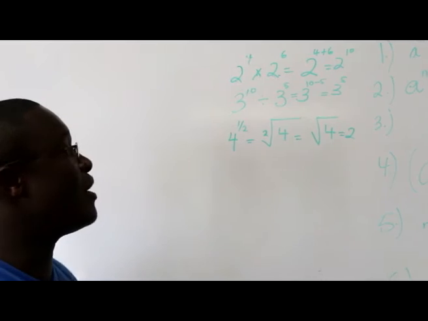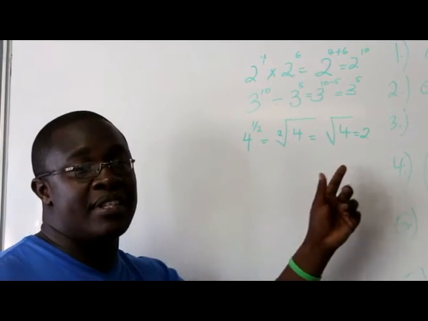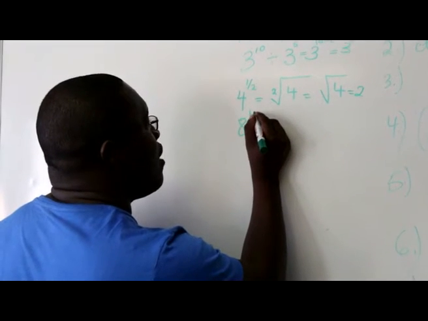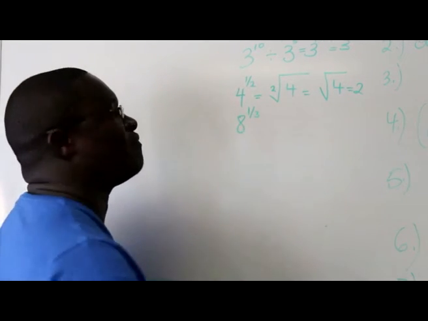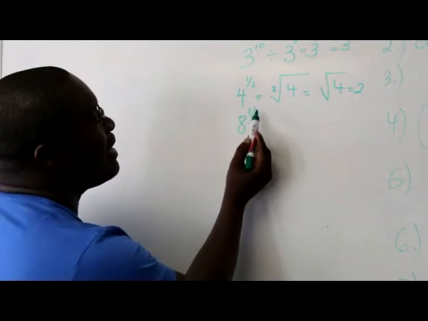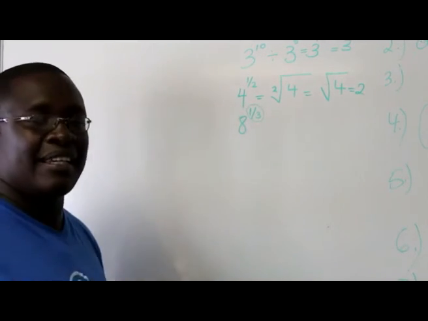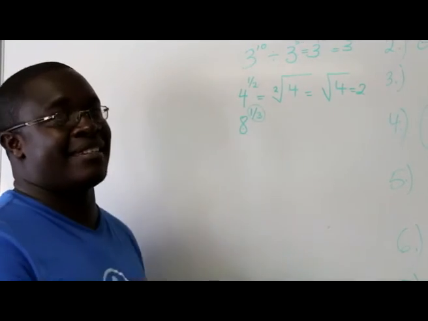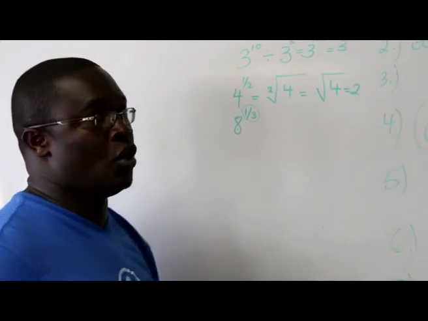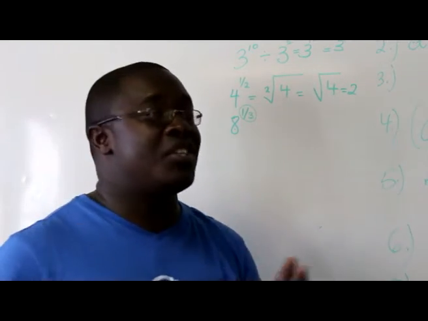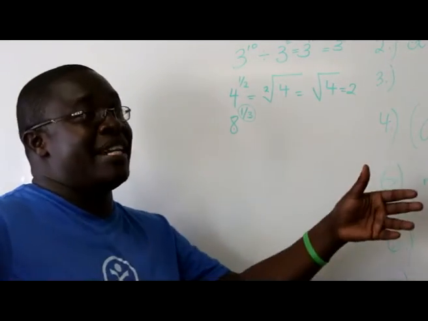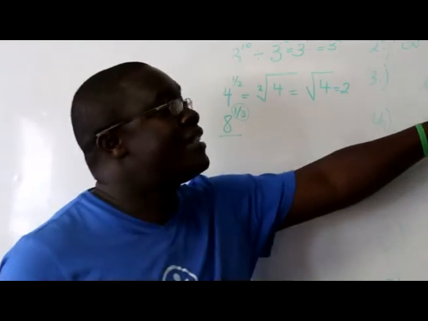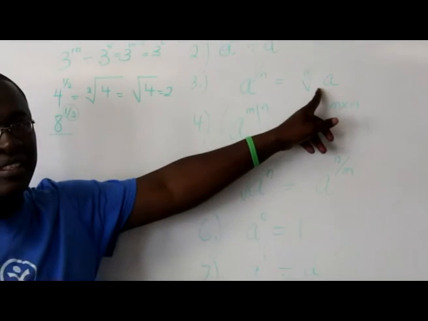Let's try a different one, because we've done square roots. Let's try a cube root. So, 8 to the power of 1 over 3. Because the power is a fraction, it means that we're talking about the cube root of 8, according to the law. Whenever you're given a bigger sum and you notice this, you can express it in terms of the root sign.